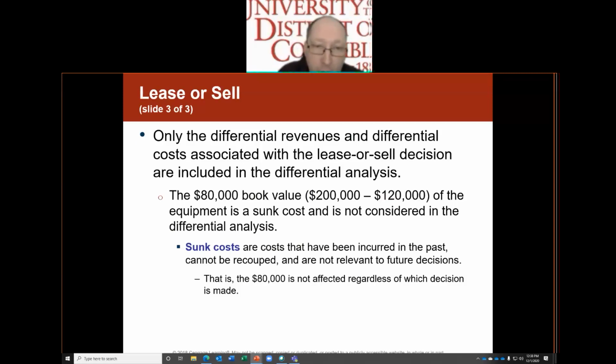So the depreciation or the book value cannot be captured. That $80,000 will not affect my decision, because I'm either going to lease the equipment or sell the equipment. So the book value, we call that a sunk cost.